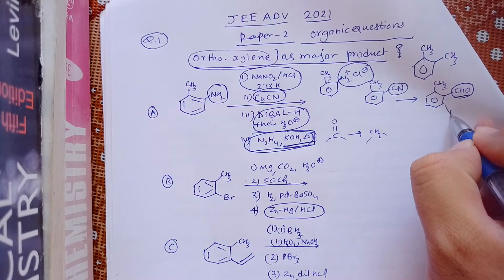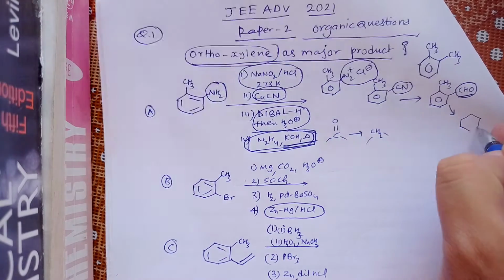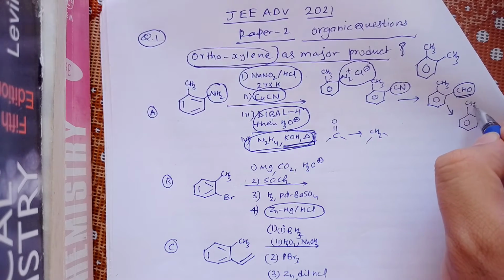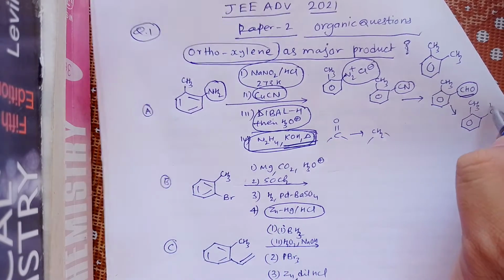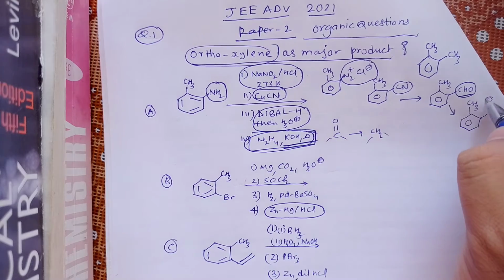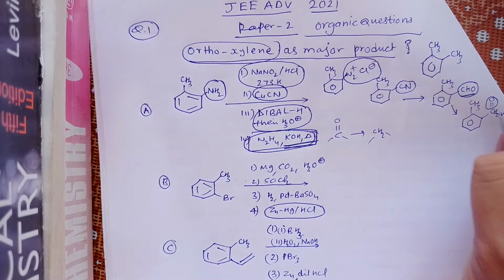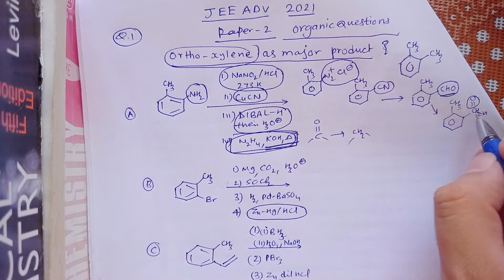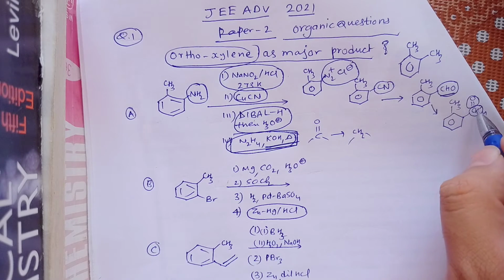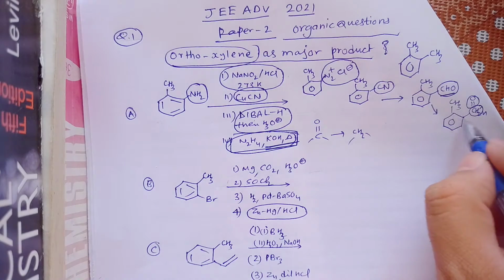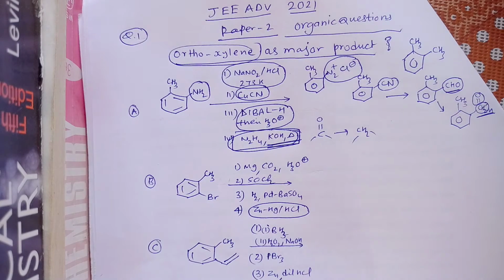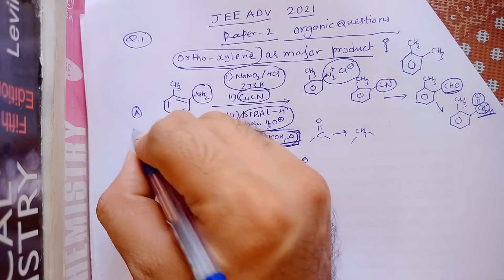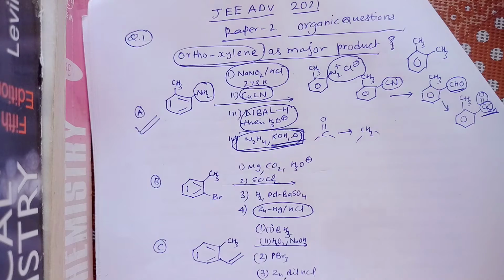So this will happen and you will get CH3, and then here C double bond O was there, so it will convert into CH2. So you will get CH3 and here also CH3. So in option A, obviously you will get xylene.